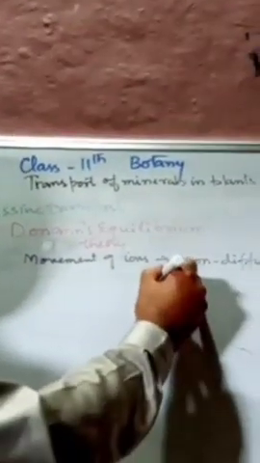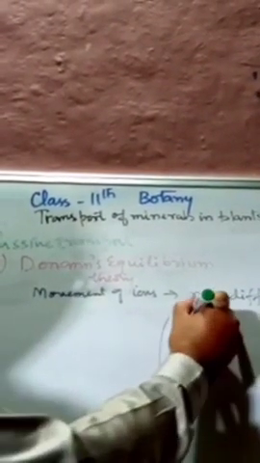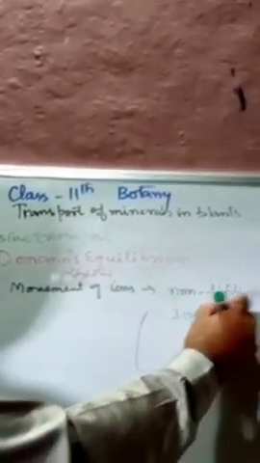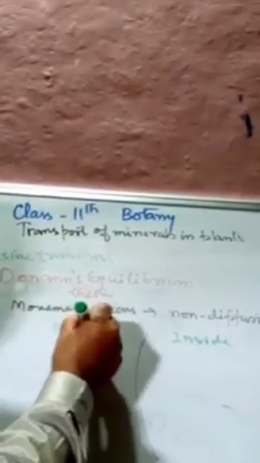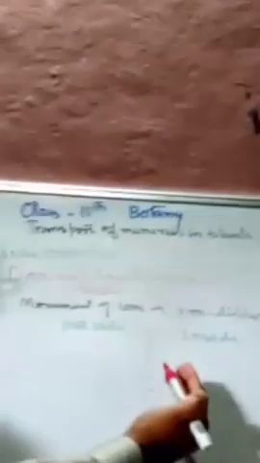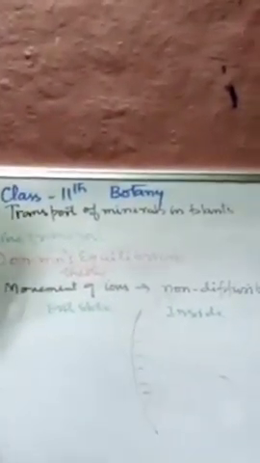Now for example, if this is the cell membrane, this is a part of the cell, this part is the inside of the cell, and this is the outside of the cell. Now inside the cell we have got negative ions. For example, we have got 5 or 6 negative ions which are non-diffusible. They cannot diffuse through this cell membrane.